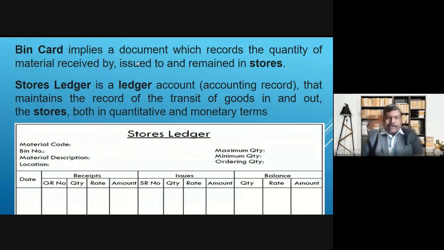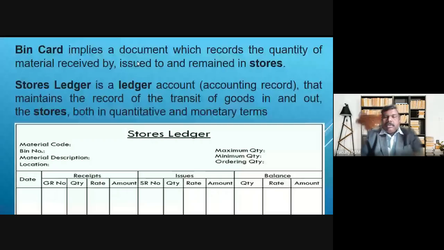The bin number, material description, location, maximum quantity, minimum quantity, and ordering quantity will be written, and the date, GR number, some say SR number. Then quantity, rate, amount, for receipts, issues, and balance.